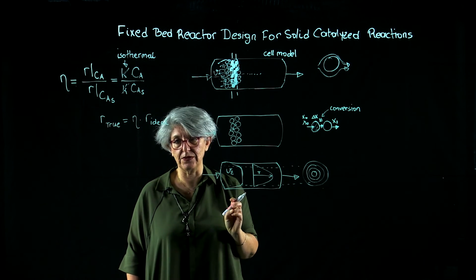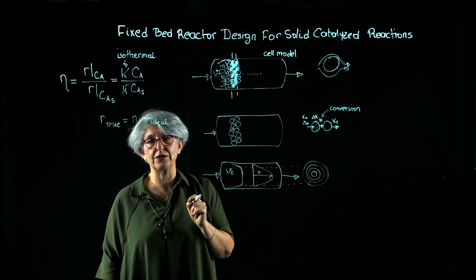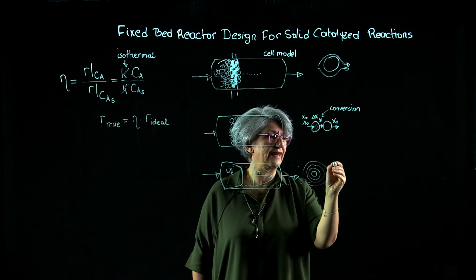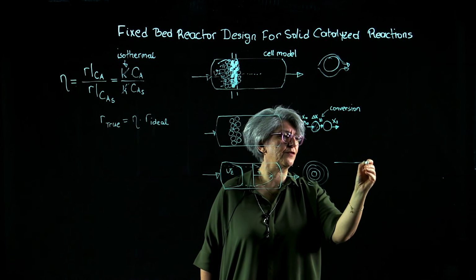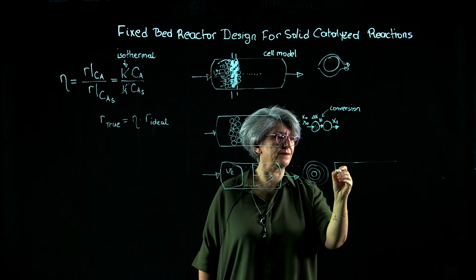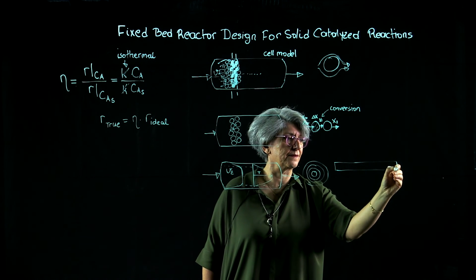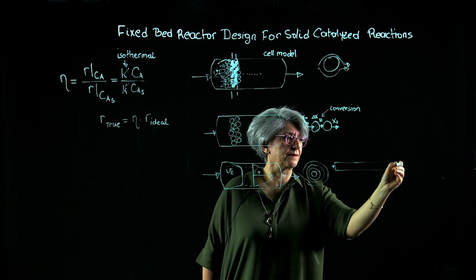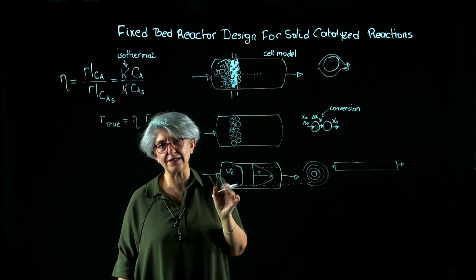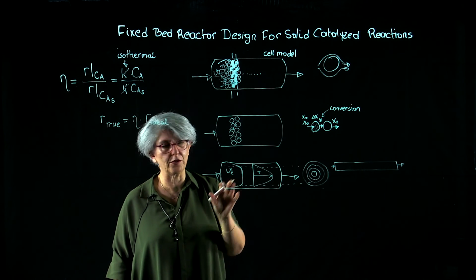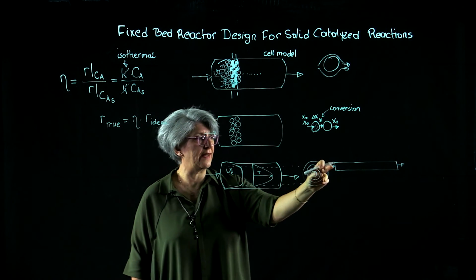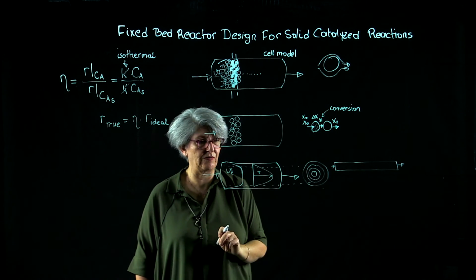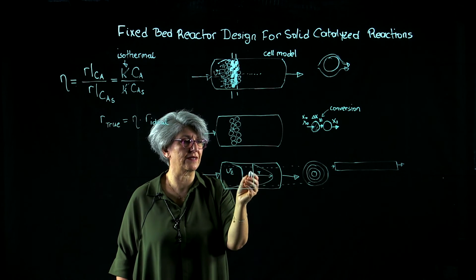Under those conditions of constant uniform temperature and constant uniform velocity, I imagine this shell as a plug flow reactor which takes its fair share of the volumetric flow rate, and then I can determine the conversion in that plug flow reactor.